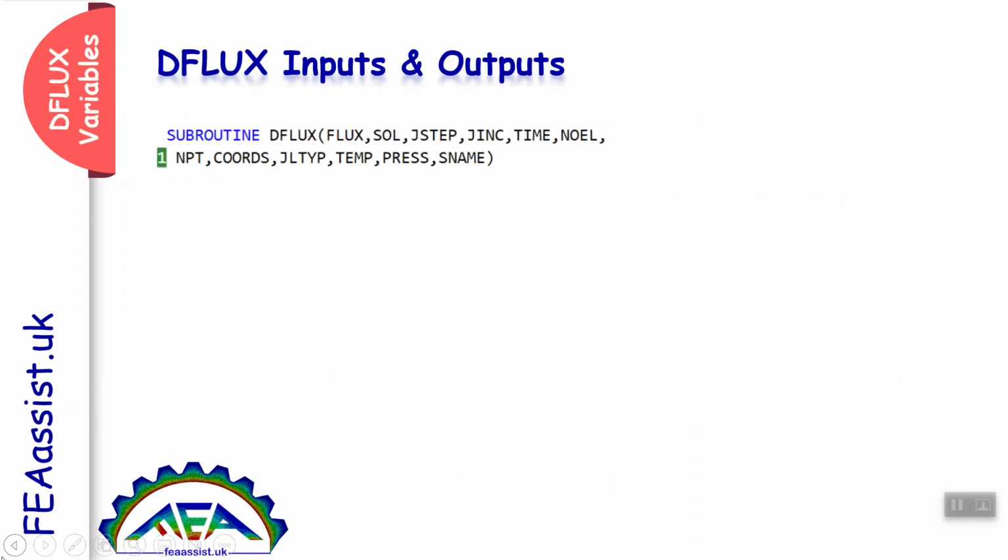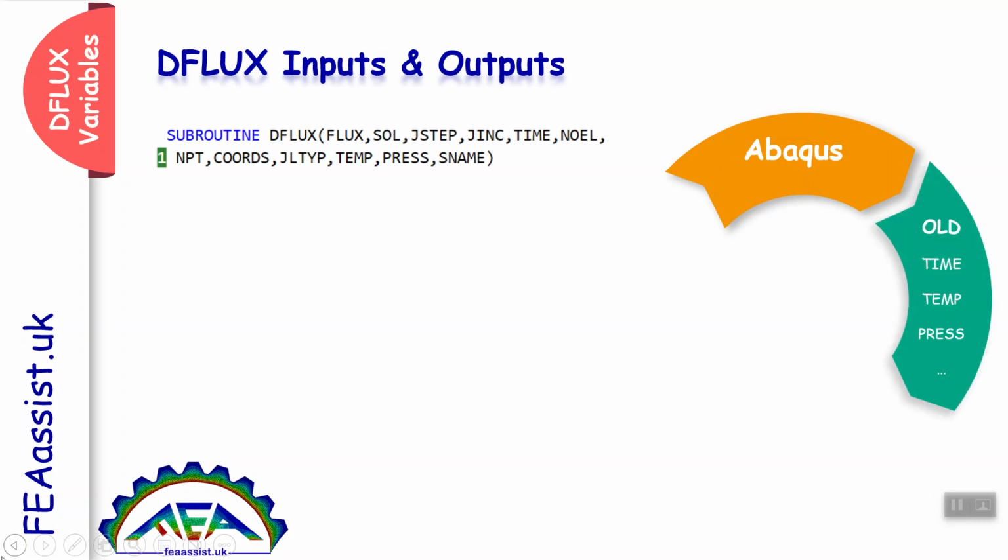Deflux variables. Deflux has some inputs. We need those inputs processed and export those processed inputs as outputs into the Abaqus. In other words, Abaqus computes time, temperature, pressure, and other variables.